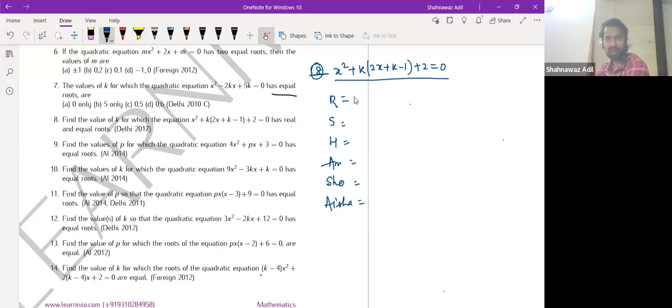Okay, so this was not that lengthy, guys. And remember, this is not the general form, so we have to make it in general form and then solve it.